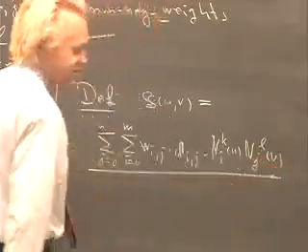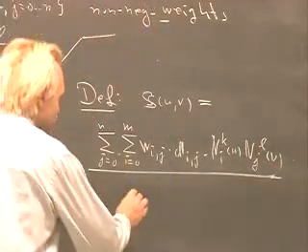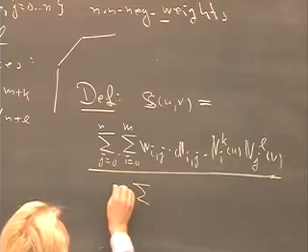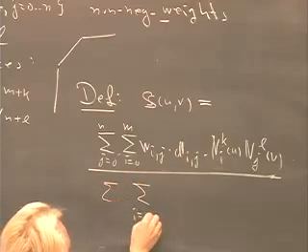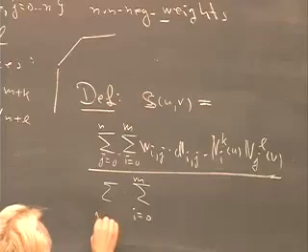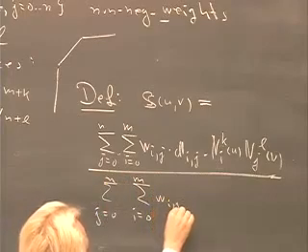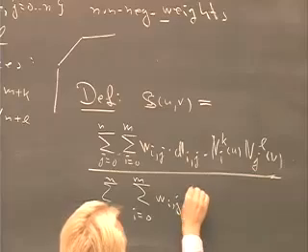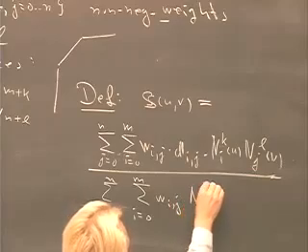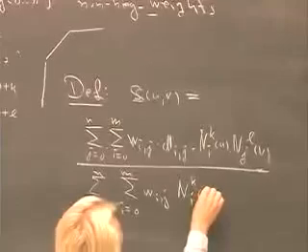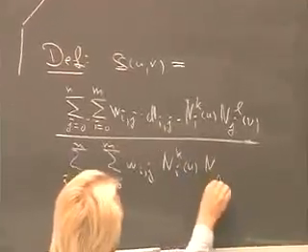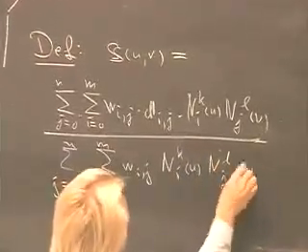And we divide by the sum of all weights, in a sense. So we have to divide by the sum i from 0 to m, j from 0 to n of all the weights, w i j, multiplied by the basis functions N i k of u times N j l of v.